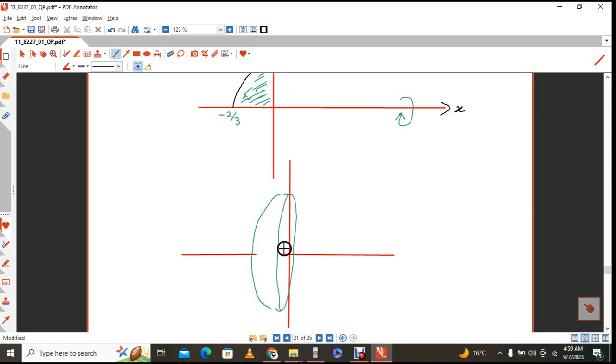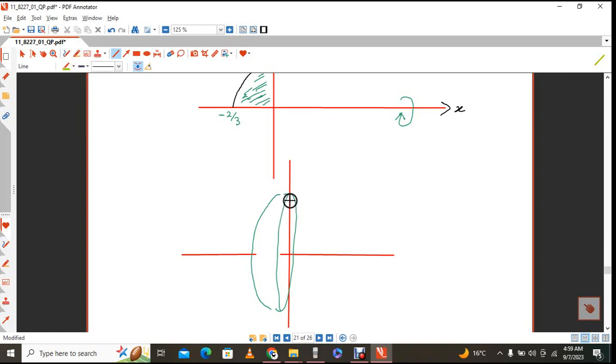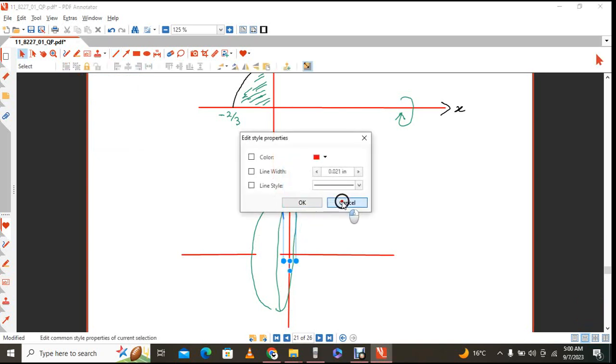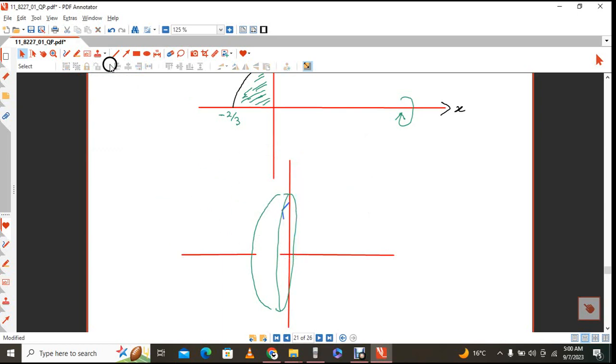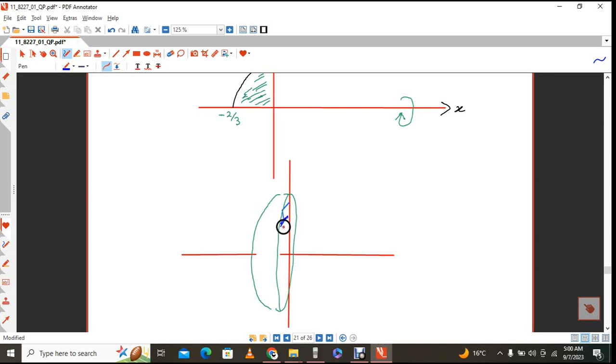If you were to rotate this now, the shaded part is obviously going to be, let's use a different color, it's going to be that part in there.